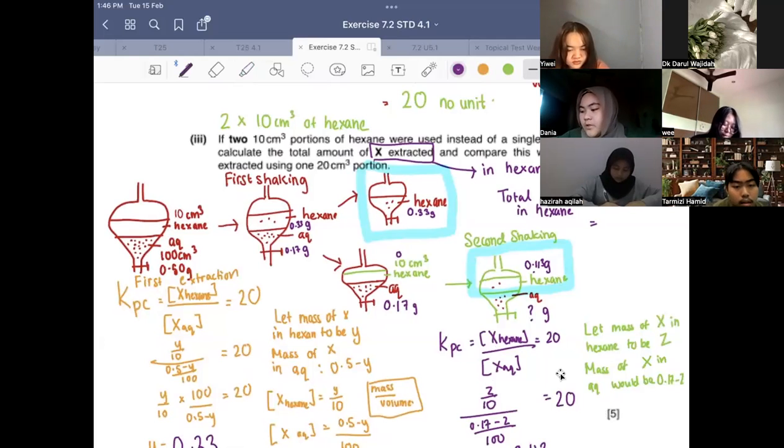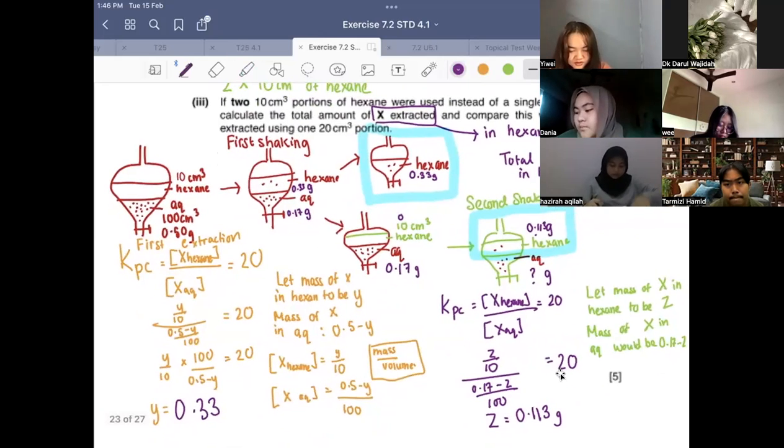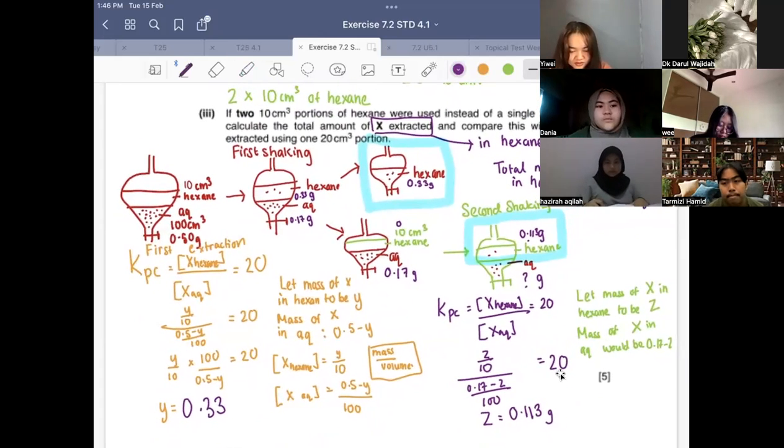So that should come out as 0.443 grams. Okay.